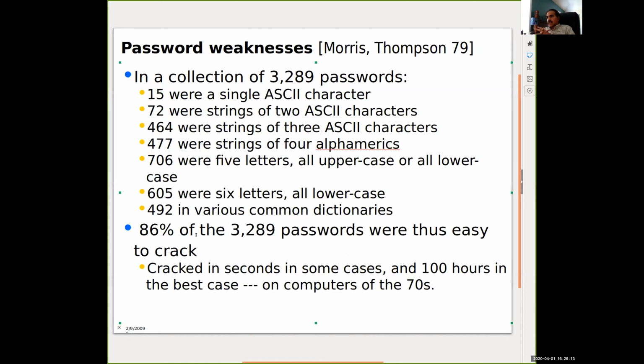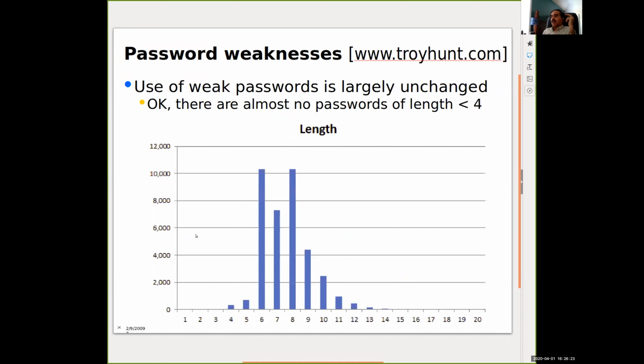So this was how it was in the 1970s, and you can imagine that in the 70s, people didn't think too much about security. So let's see how it is in recent times. So this is from a password leak that happened like 6 or 7 years ago. And after that leak, somebody went and analyzed the passwords.